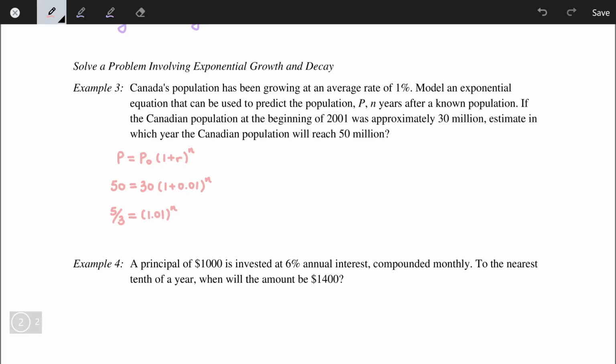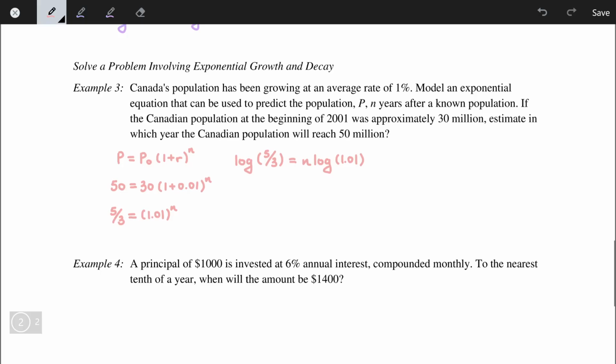Now what we can do is take the logarithm of both sides. So we have log 5 over 3 on the left-hand side, and that's going to be equal to n log 1.01, since we can use the power law for logarithms to move the exponent n in front of the logarithm.